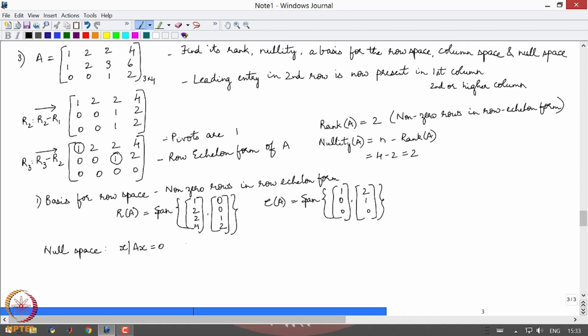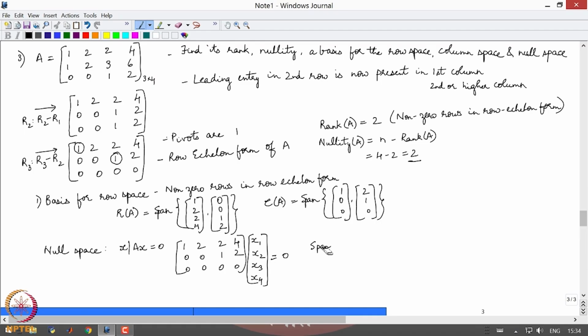So, if I take this A, I want elements x1, x2, x3, x4 such that this product is equal to 0. So, I can find two linearly independent vectors because I know that the nullity of A is 2.